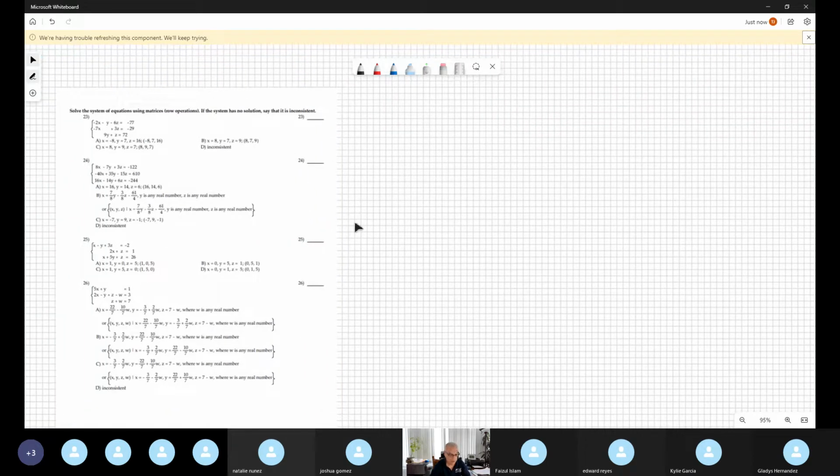Okay, so definitely we are doing this using the software, GeoGebra. You have the system, you set up the matrix associated with the system, augmented, of course. Negative 2, negative 1, negative 6, a vertical line separating the right-hand side, 77.